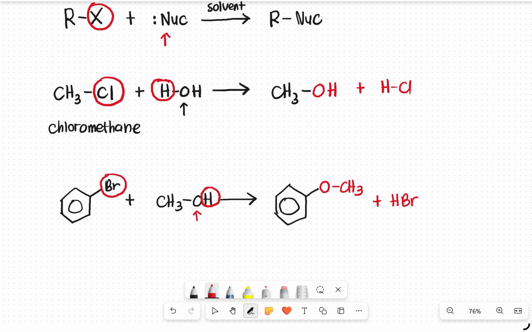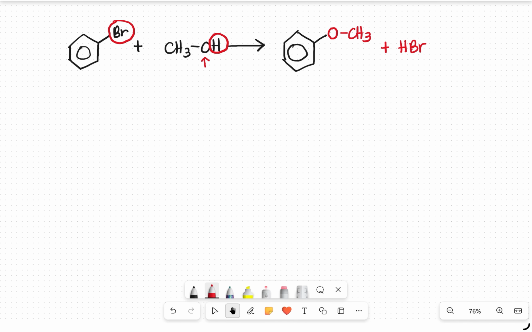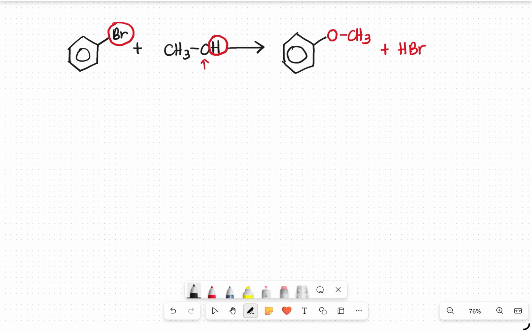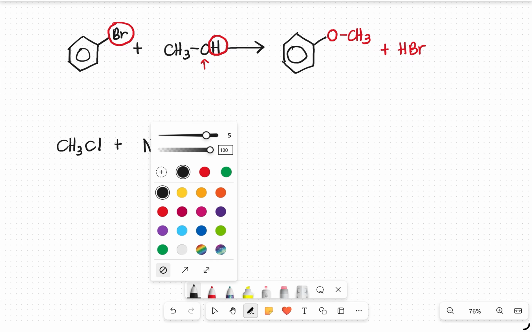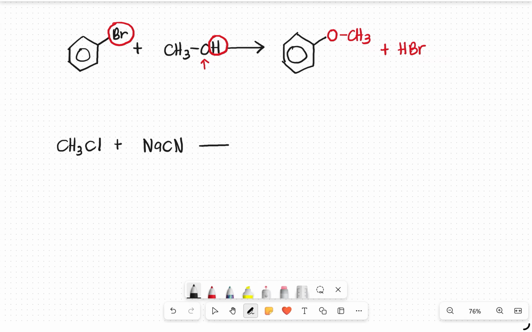And last one, we look at an example. Here again I'm using chloromethane reacting with sodium cyanide. Through the arrow, here remove Cl.